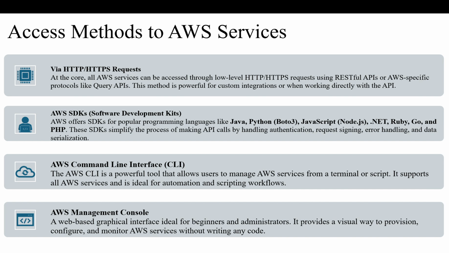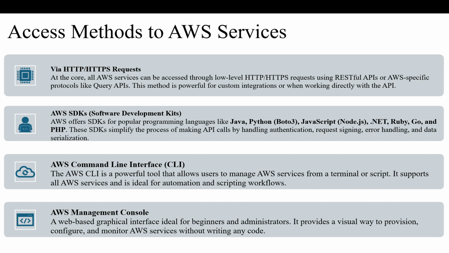Access methods to AWS services via HTTP or HTTPS requests. At the core, all AWS services can be accessed through low-level HTTP or HTTPS requests using RESTful APIs or AWS-specific protocols like Query APIs. This method is powerful for custom integration or when working directly with the API.